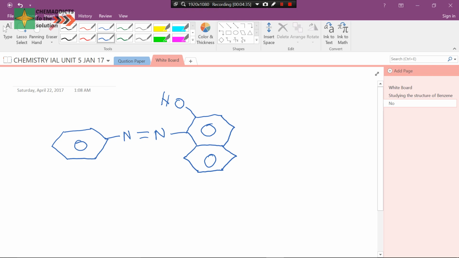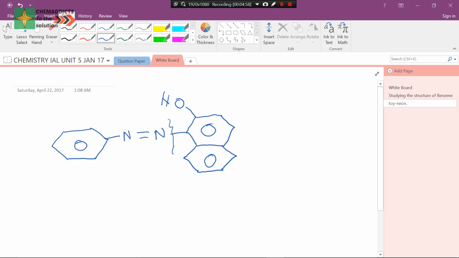So this part is the benzene diazonium ion part, and this part is the phenol part.